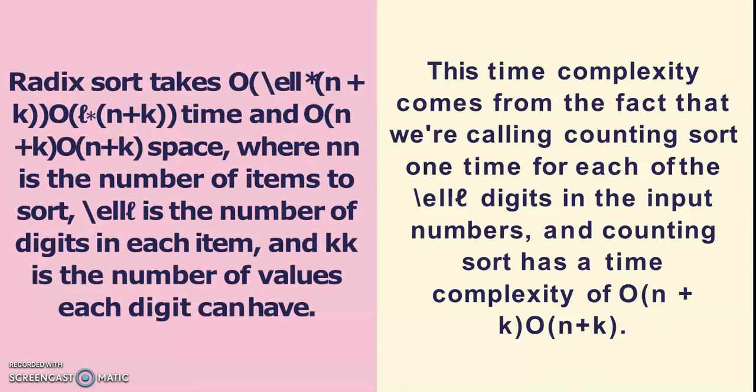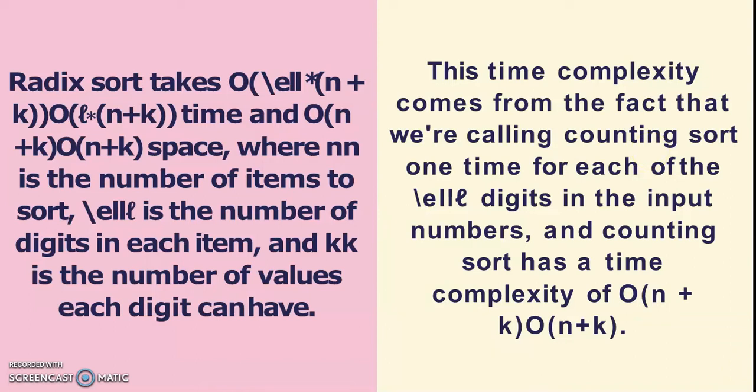Radix sort takes big O of L times n plus k time, and big O of n plus k space, where n is the number of items to sort, L is the number of digits in each item, and k is the number of values each digit can have.